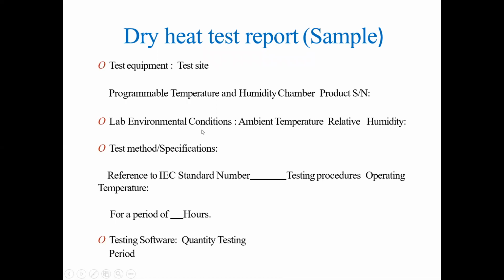Then lab environmental condition, ambient temperature, relative humidity, test method, public specification, reference to IEC, the standard number, the testing procedure, operating temperature for the period of number of hours, and testing software, quantity, testing period. Okay, this is one sample test report for this dry heat testing.